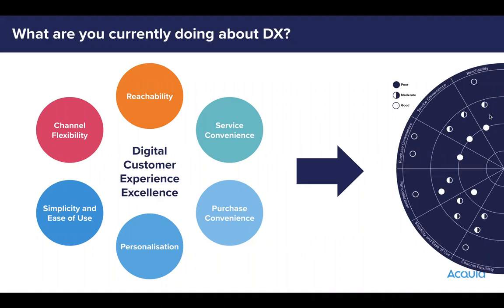So you might want to break down that reachability category into some different areas, but then you want to highlight: are you doing this poorly? Are you doing moderately? Or, being honest, are you doing well in this area? And then you might want to break down these other areas such as channel flexibility, service convenience, purchase convenience. The aim of this is to map out what state you're in.